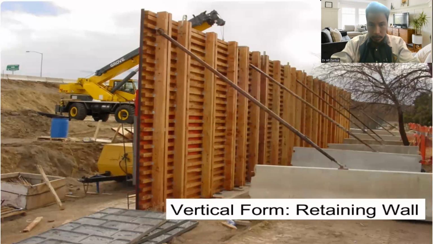So vertical form, example, retaining wall, of course. This is for vertical. When we say vertical formworks, the formworks itself are put and set up in a vertical manner, like as you can see right now on your monitor.